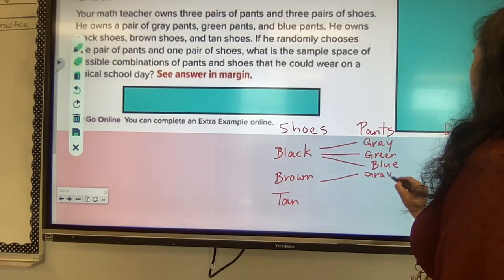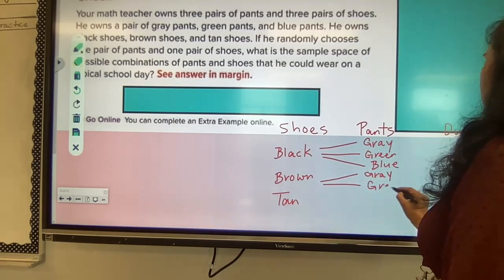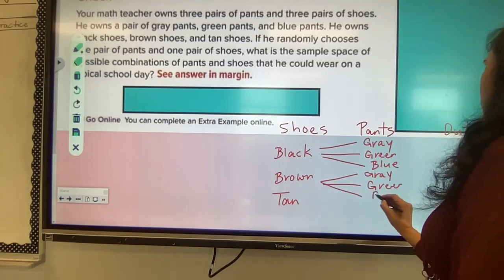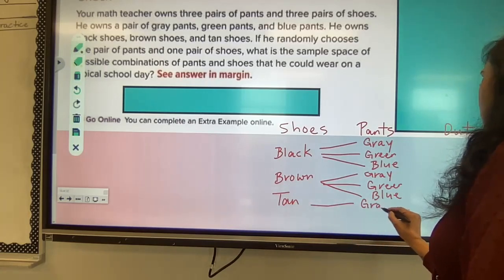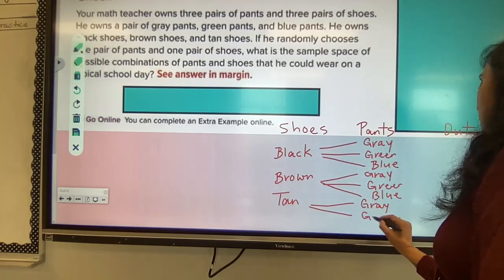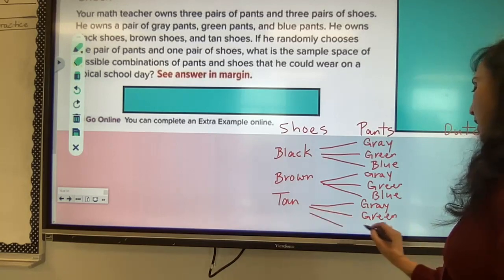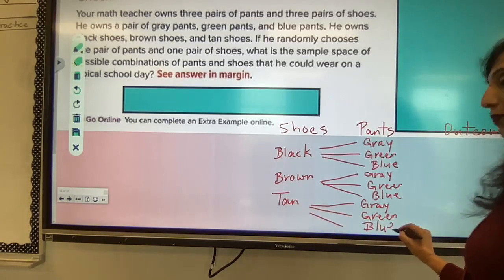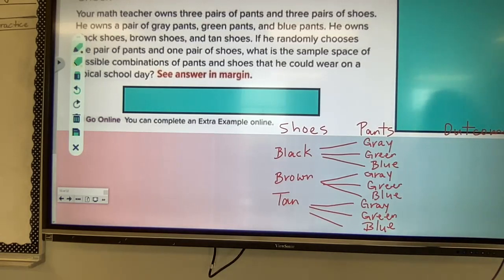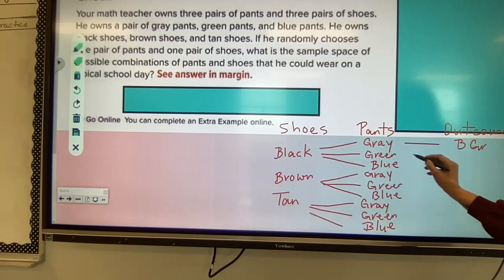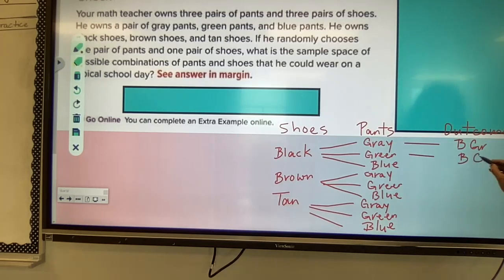Gray, green, and blue. And same thing with the tan. Gray, green, and blue. Okay, and so when I look at the outcomes, I can do black and gray. I can do black and green.